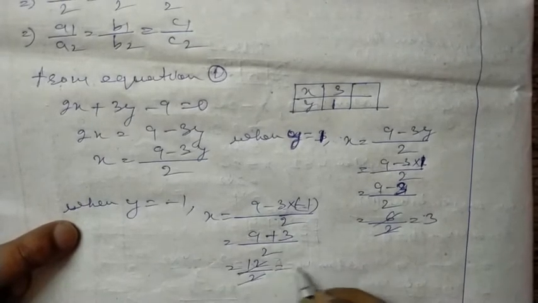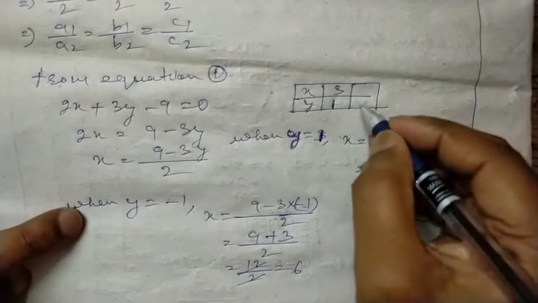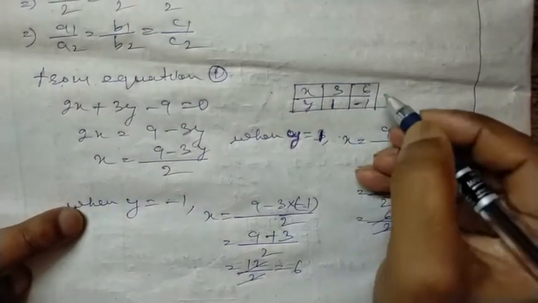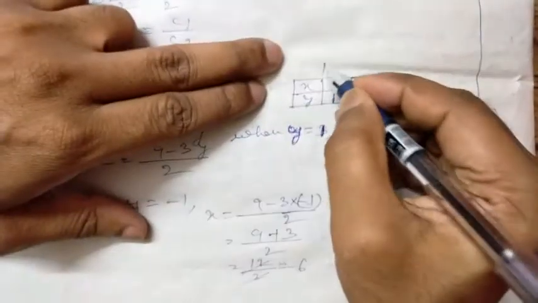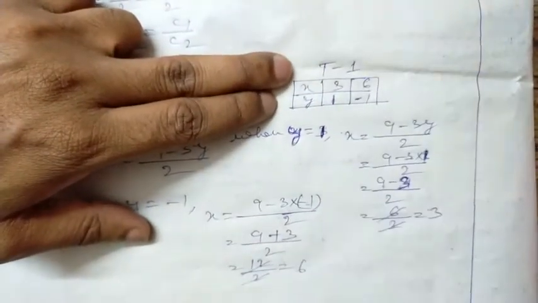If I divide, I get 6. So x is 6 and y is minus 1. Okay, so we got table 1.